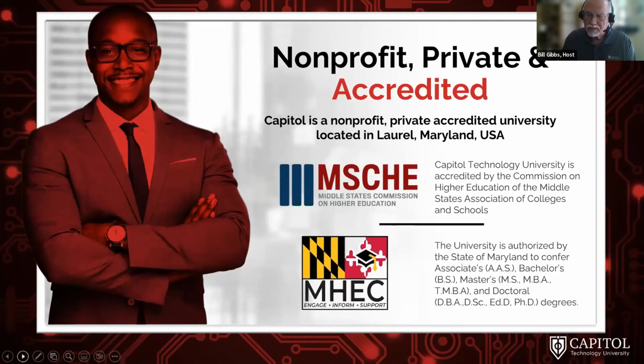We're also authorized by the state of Maryland, where we're located, to confer degrees all the way from the 2-year associates right up to the doctoral degrees. And I know that several of you in the audience have doctoral degrees from Capital, and several more are working on degrees, as well as those who may be working on bachelor's or master's as well. So thank you for joining us today.